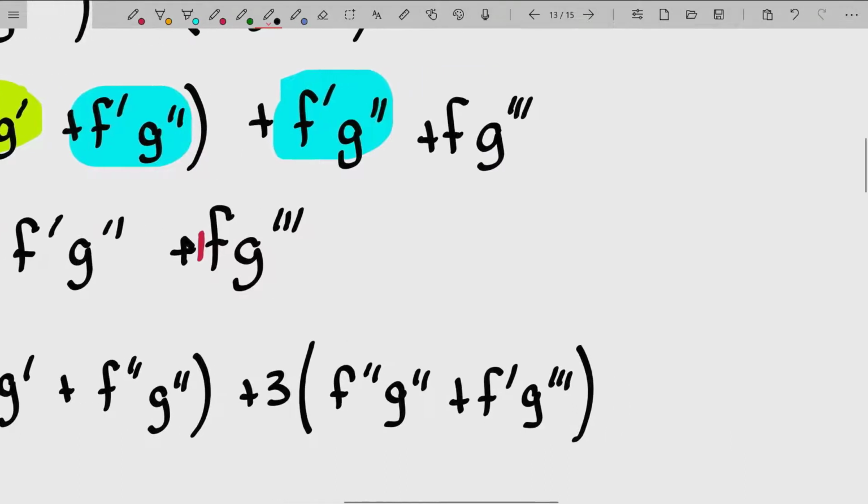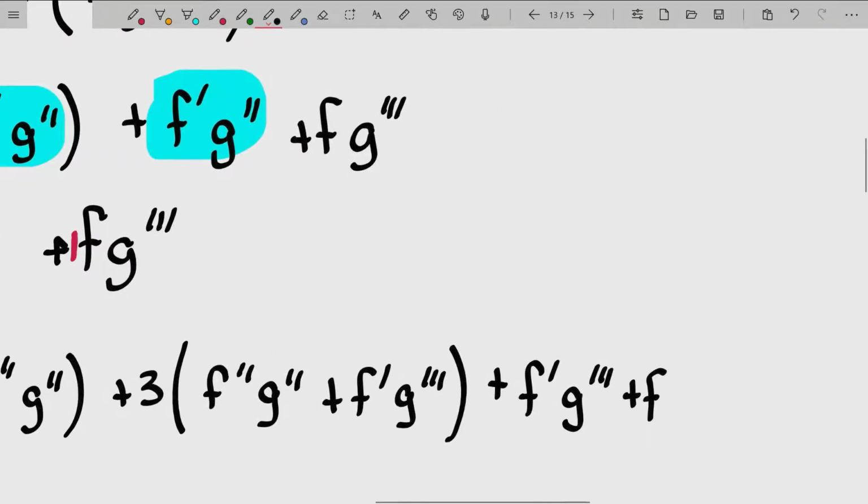Finally, plus the derivative of the first times the second plus the first times the derivative of the second.